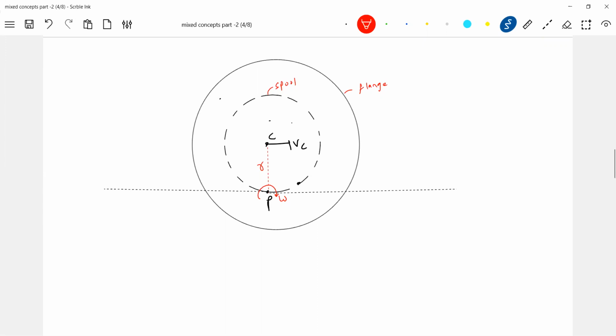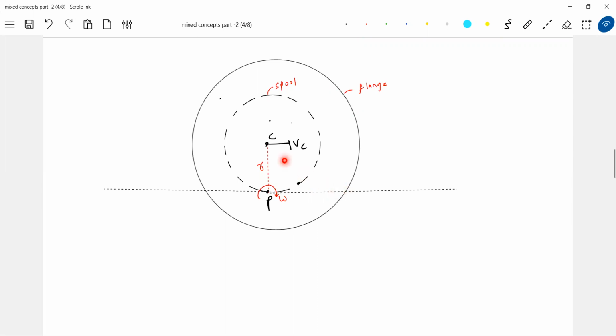Okay, let's come to this one. We have to search for a point which will be at a distance r. Okay, what is the length of this? That much length should be there. I think I drew the flange a little bit bigger. So if you calculate mathematically, it will be slightly greater than r. So that particular point will come here.